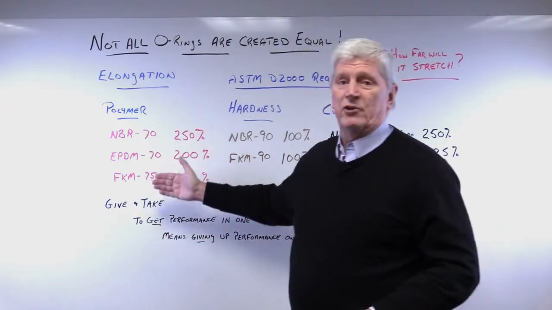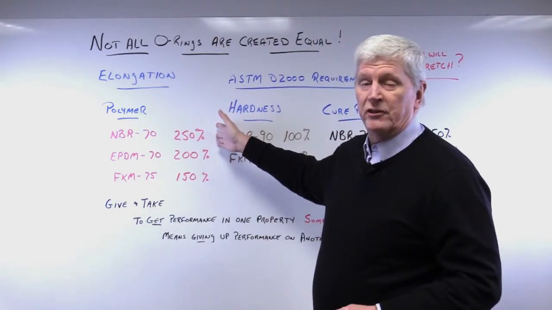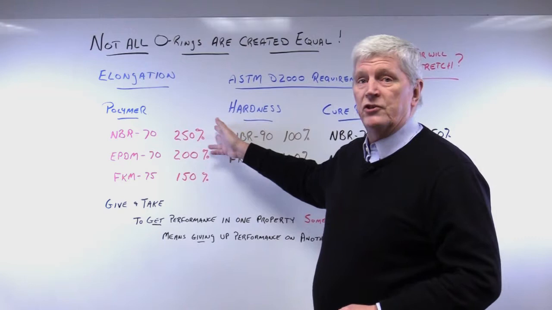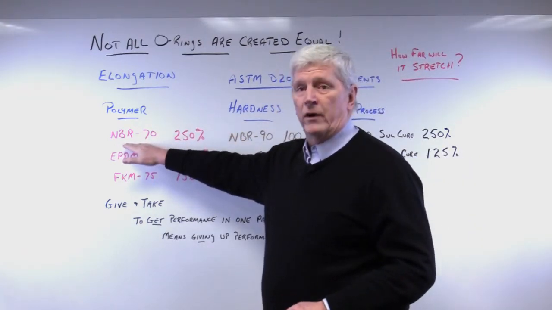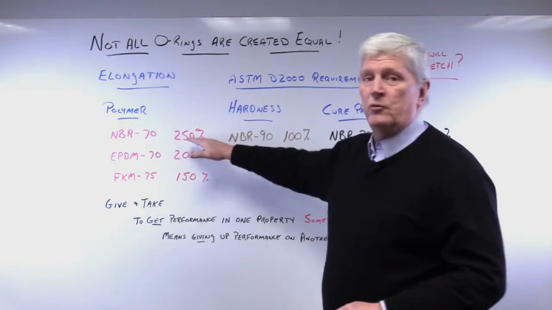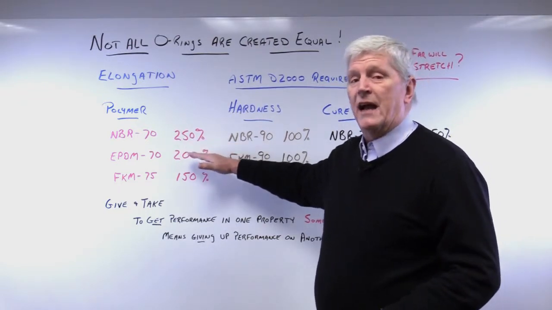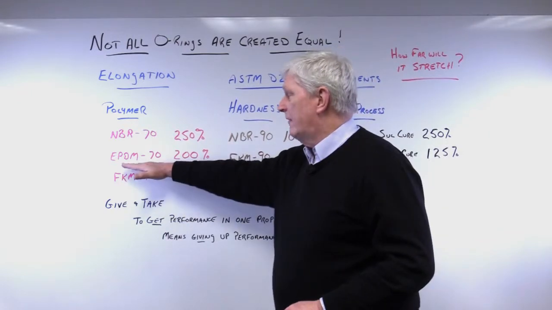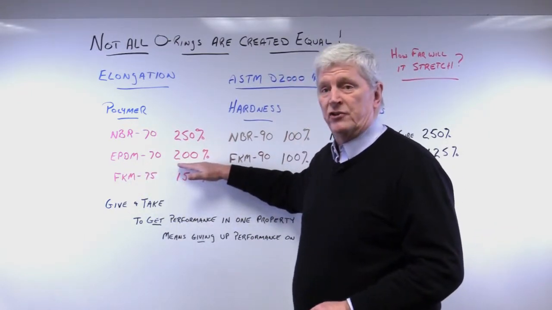From a pure polymer standpoint, elongation is, as the definition, a numerical number or a percentage of the original size that the O-ring will stretch. A 70 durometer NBR O-ring, typically by ASTM D2000 requirements, will stretch 250%. In practicality, most quality compounds will exceed that significantly. In the case of a 70 durometer EPDM, you're looking at a 200% stretch.